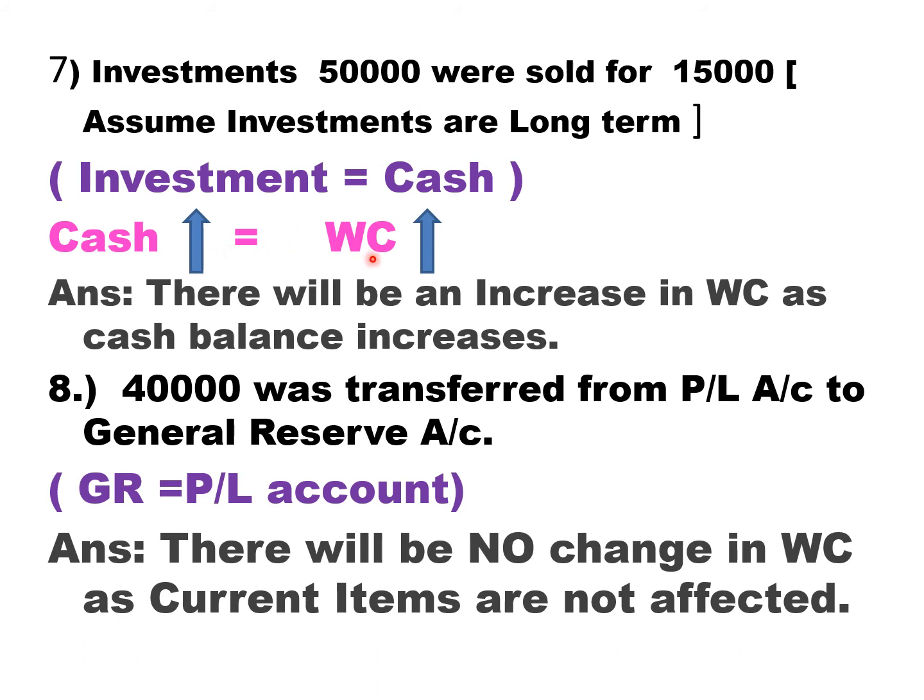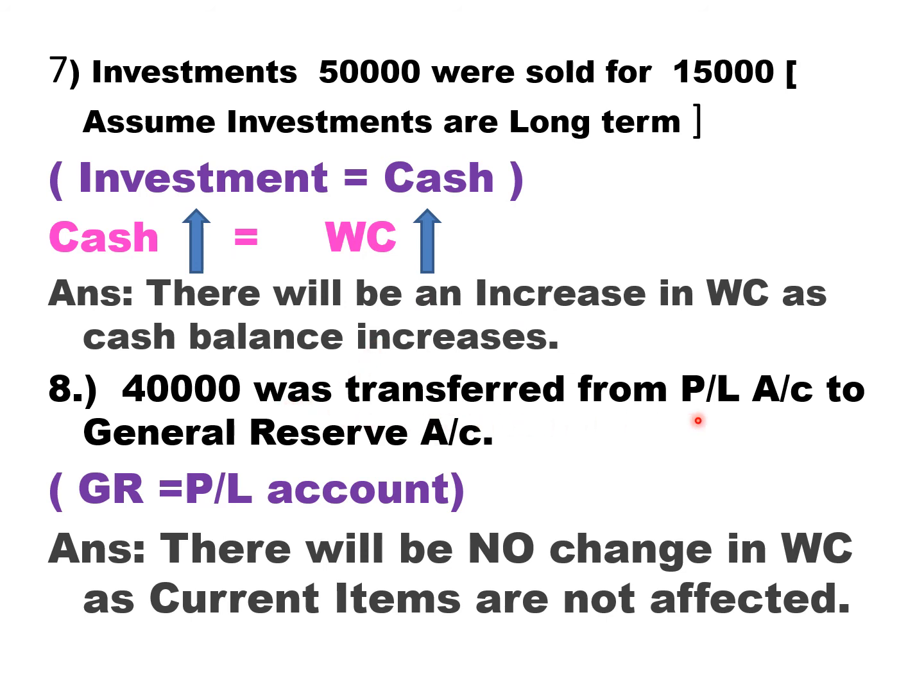Increase in cash will result in increase in working capital. The two accounts affected are investment and cash. Loss 35,000 is not a current asset, not a current liability. So ignore. There will be an increase in working capital as cash balance will increase.